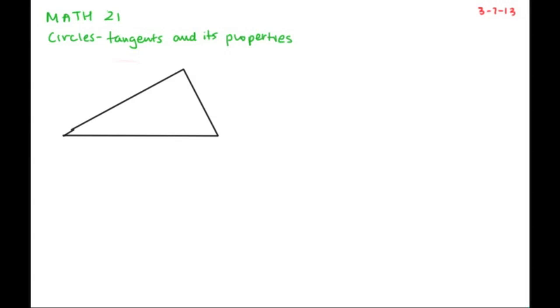So this is my extremely well-drawn triangle, and I'll just label these points A, B, and C. This is page 565, number 4. We're going to draw a circle here, an in-center, if I can even draw one. Hold on. Okay, that's the best I can manage.